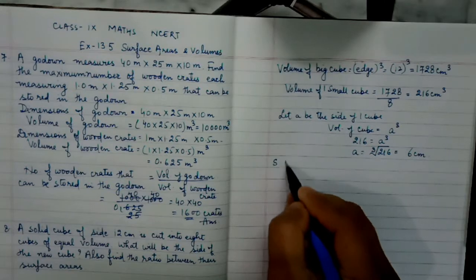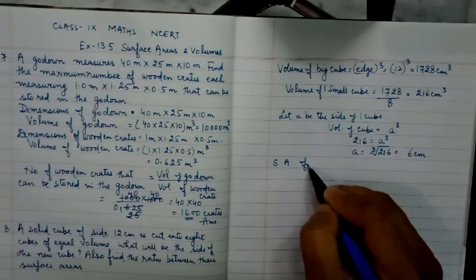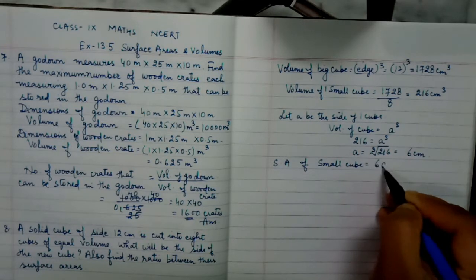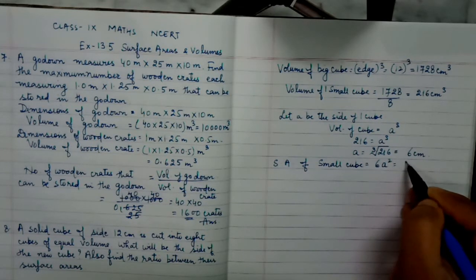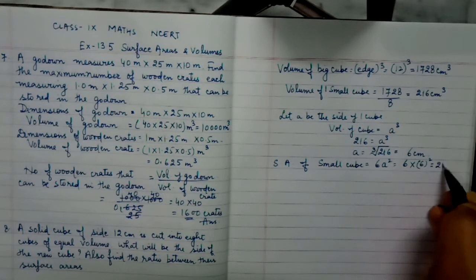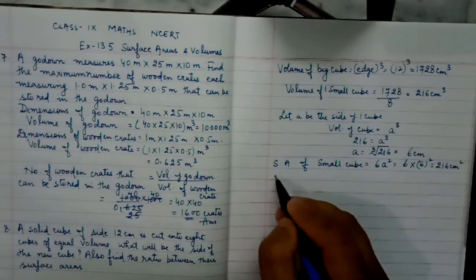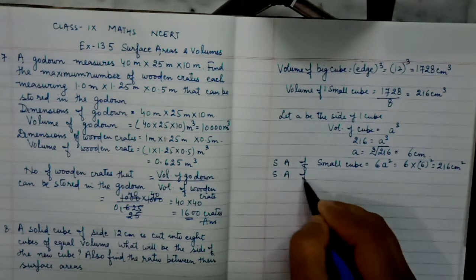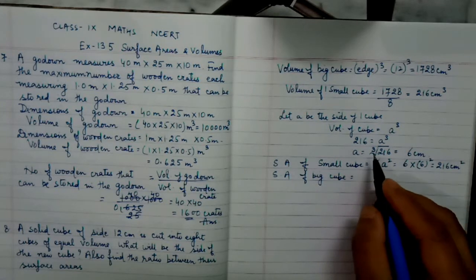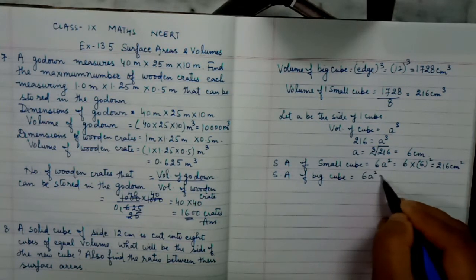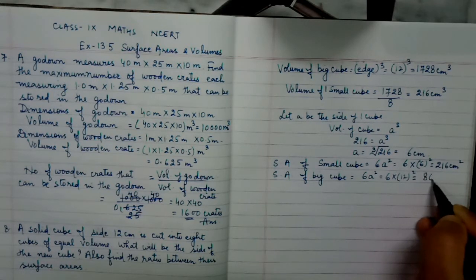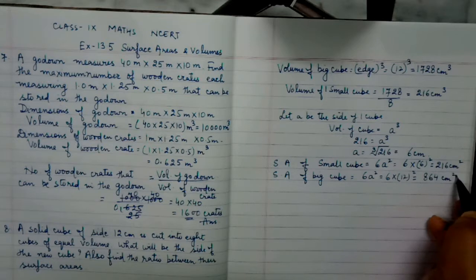Now surface area of small cube is equal to 6A square, which is equal to 6 into 6 square, which is equal to 216 centimeter square. Surface area of big cube is equal to 6A square, which is equal to 6 into 12 square, which is equal to 864 centimeter square.